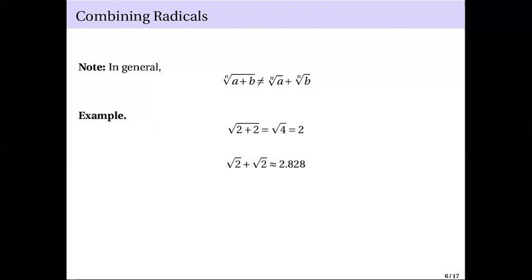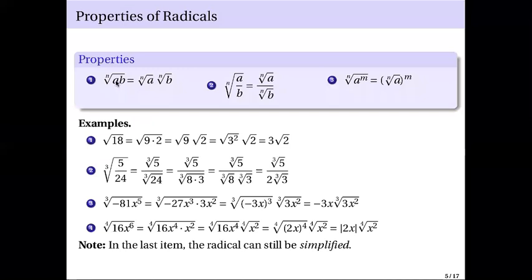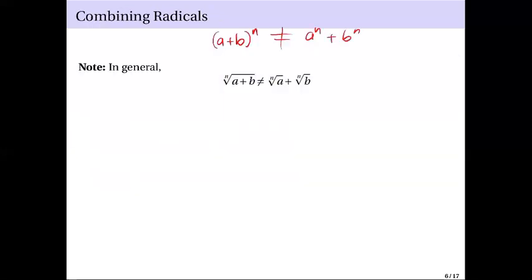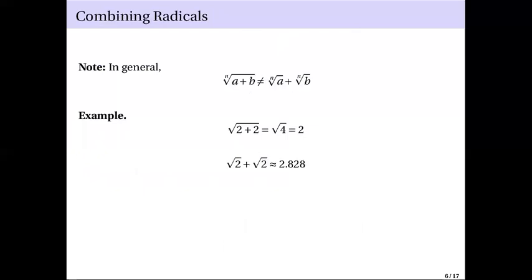You can distribute the radical over products or quotients. It's like we distribute the nth root over the product AB, and similarly over quotients. But for sums, we don't do that.